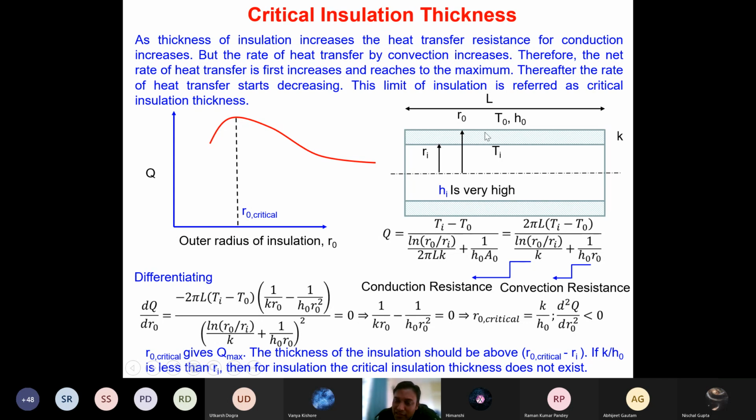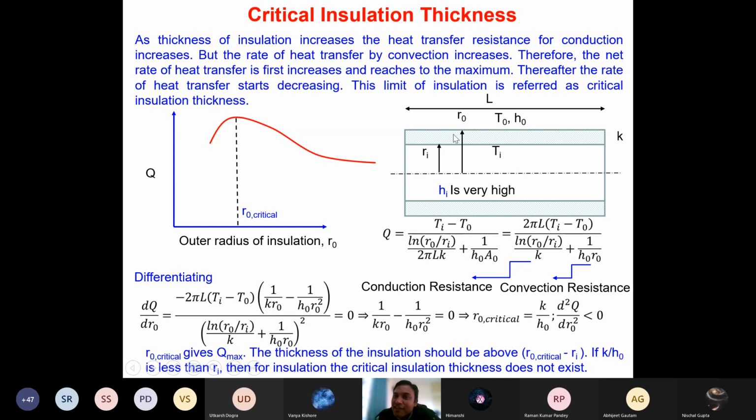But as the thickness of the insulation increases, what will happen? This outside radius R0 is going to increase. Outside radius R0 increasing means the outside circumferential surface area from which the convection is taking place increases. Remember, in convection, either you increase h or you increase A. So here you are increasing the outside heat transfer area by increasing R0. So your convective heat transfer is increasing.